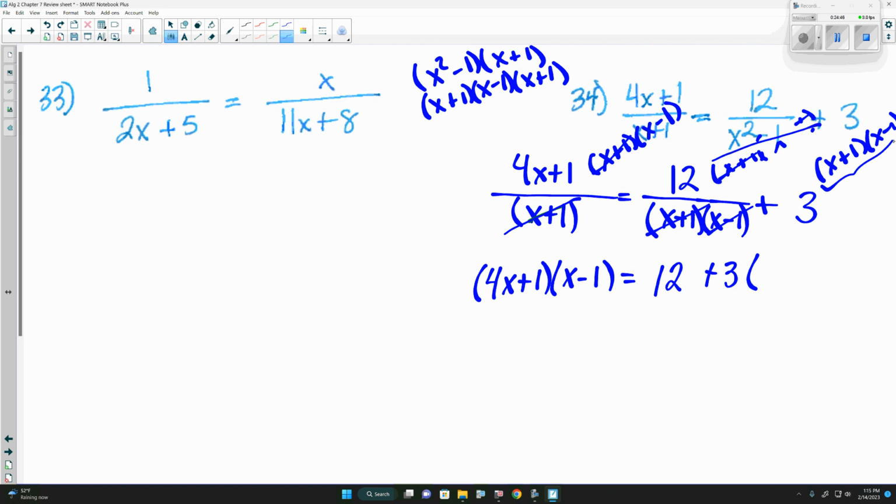We can do x plus 1 times x minus 1, but where did we get both of these from? Right here, yes? They factored from x squared minus 1.